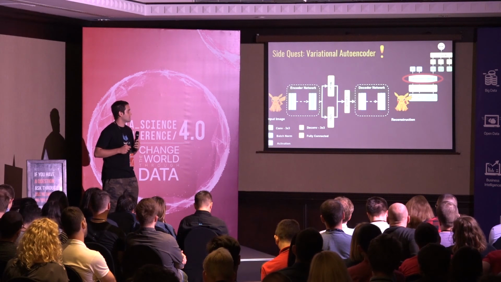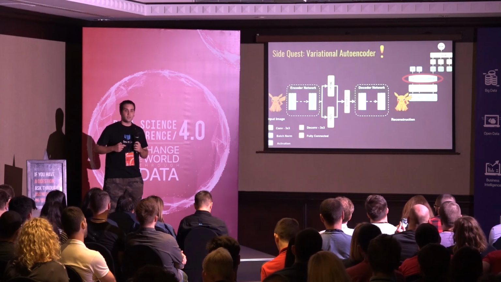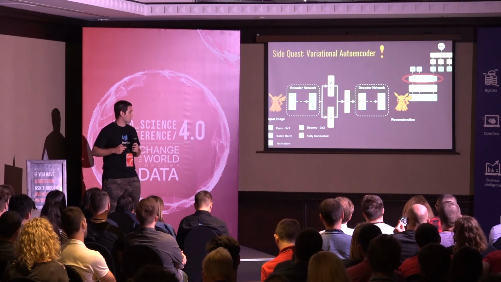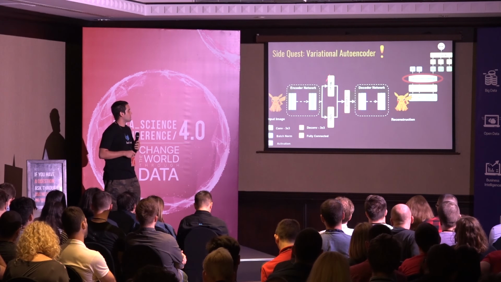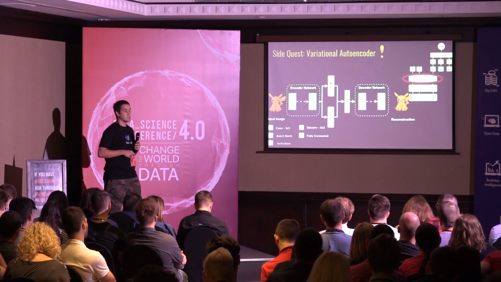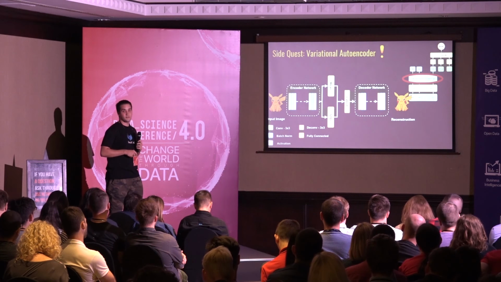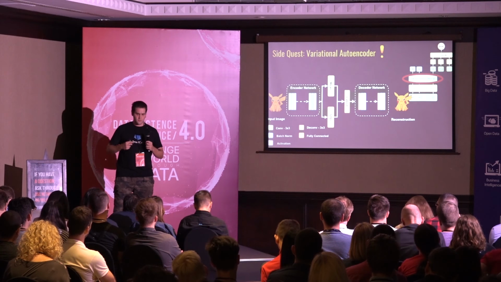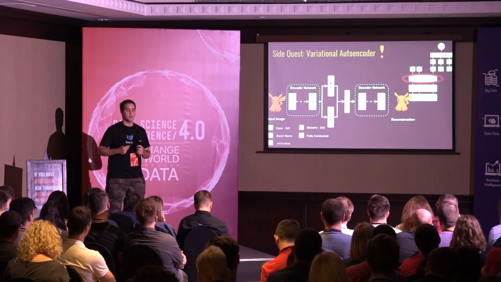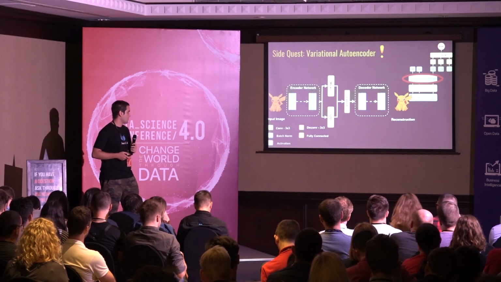It tries to fit input data into a normal distribution. It has a mean fully connected network and a standard deviation network, and by combining those two, it enforces the network to fit features into a normal distribution.